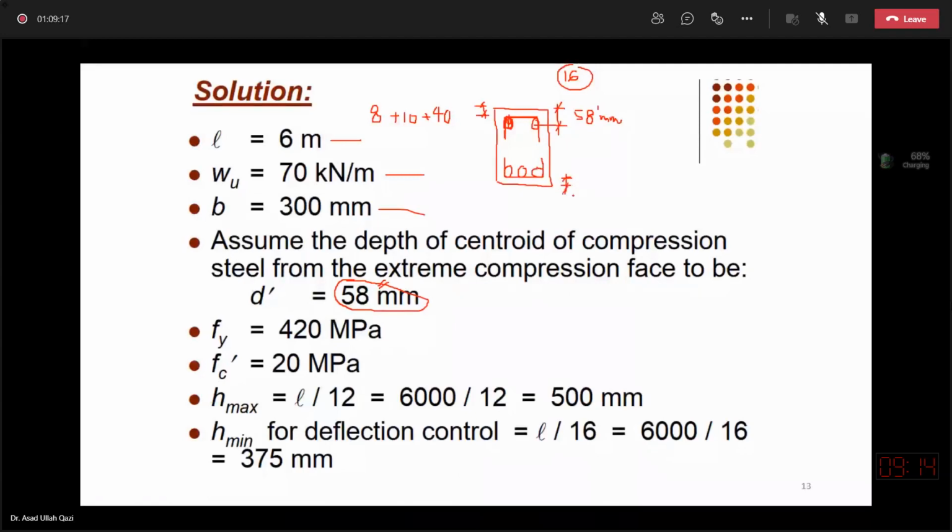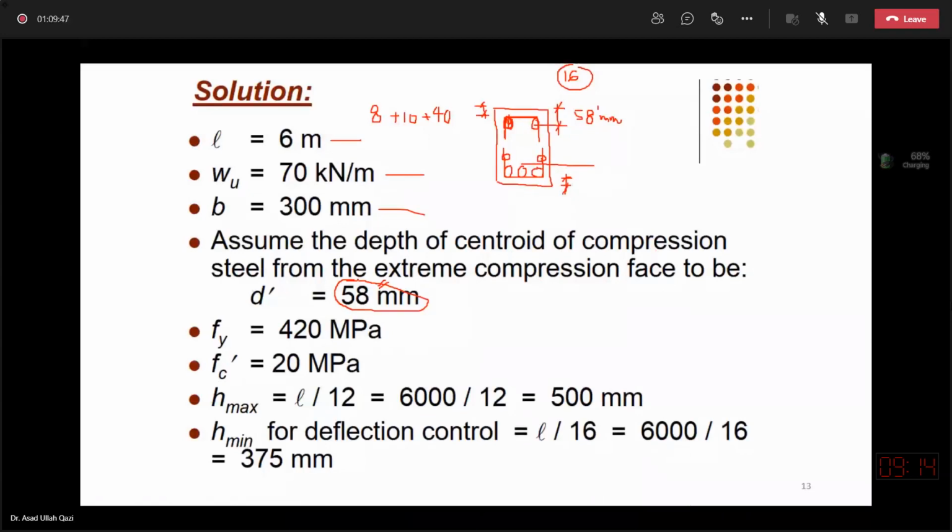If I end up with two layers, then obviously I need to calculate the center of the layers, and I may get more cover from the soffit to the center of the steel layers. So here, what they are saying: assume depth of centroid of the compression steel from the extreme compression face is 58.